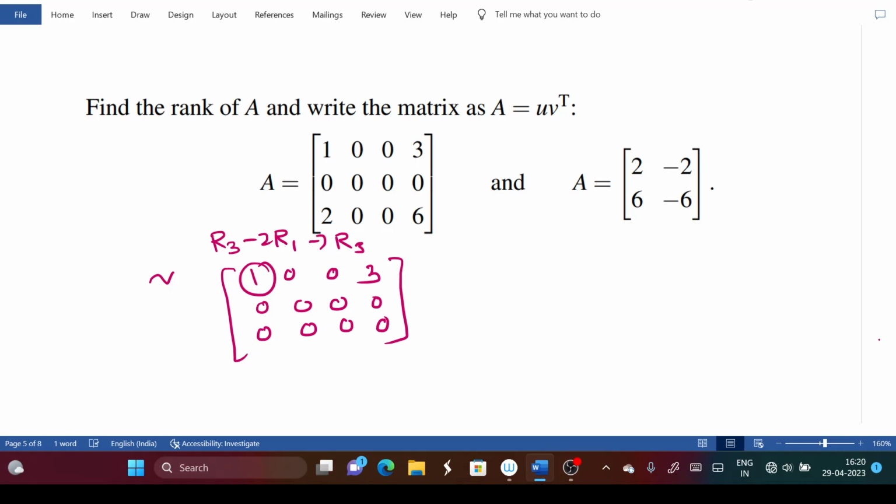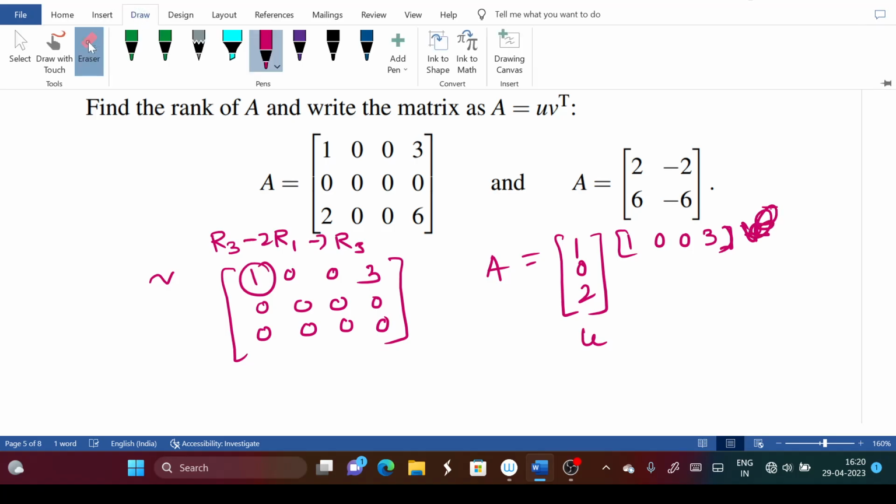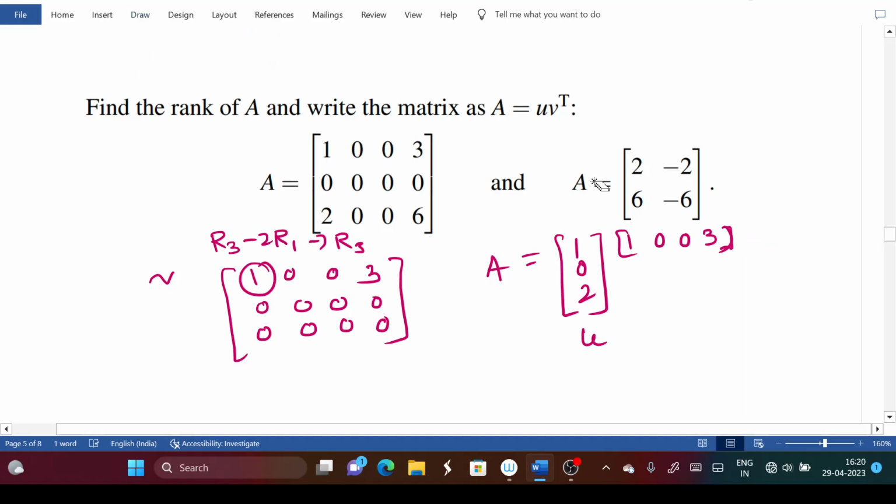So here A is equal to 1 0 2, this is my U, and V transpose is 1 0 0 3. Okay, it is a little confusing however. So here this is my V transpose, this is my U.